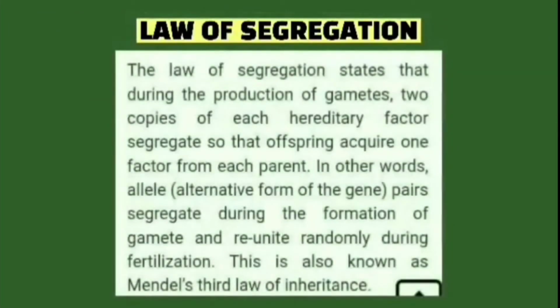The law of segregation states that during the production of gametes, the two copies of each hereditary factor segregate so that the offspring acquire one factor from each parent. In other words, allele pairs segregate during the formation of the gamete and reunite randomly during fertilization. This is also known as Mendel's third law of inheritance.